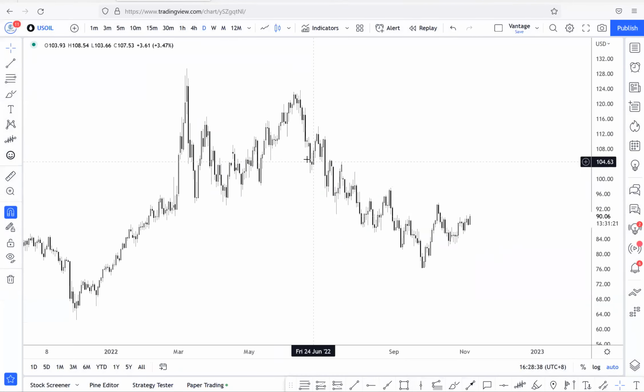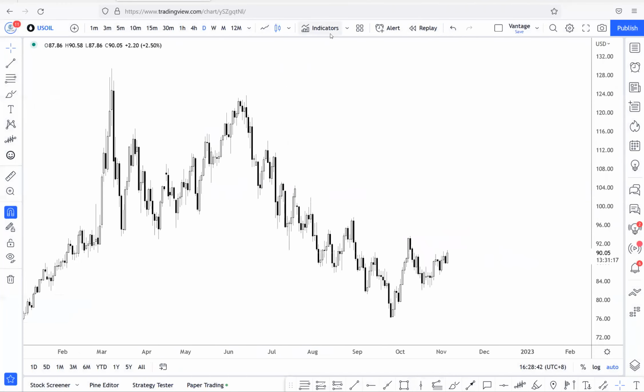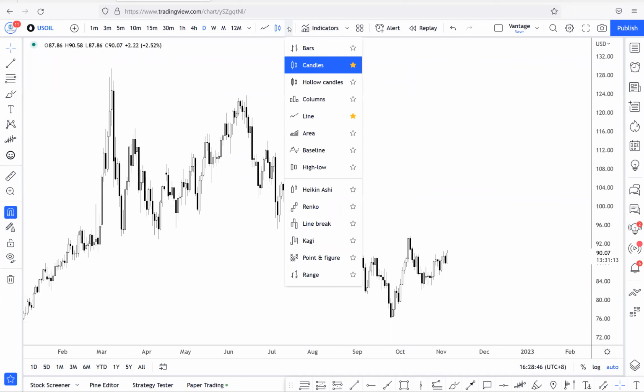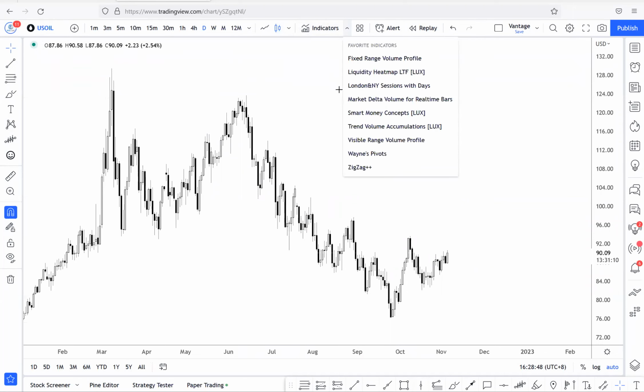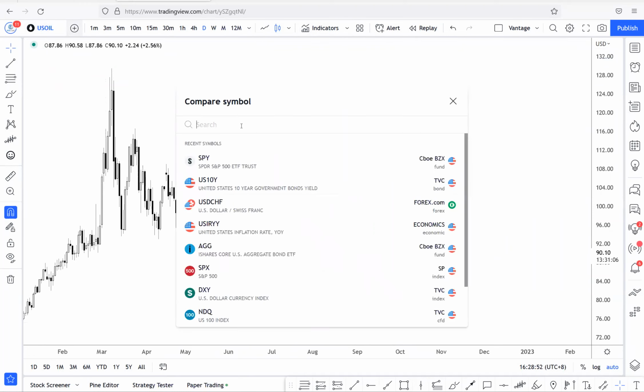Okay, I'll just use the TVC chart. So we can overlay the chart, right? So this is the US oil, and then for the UK oil, let me see how, there we go.